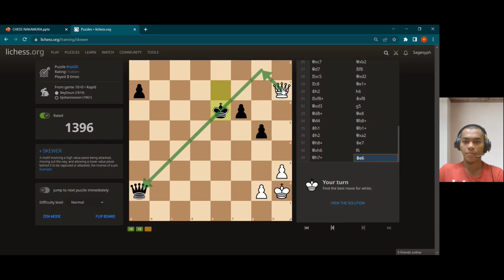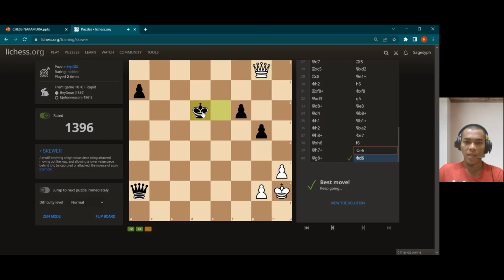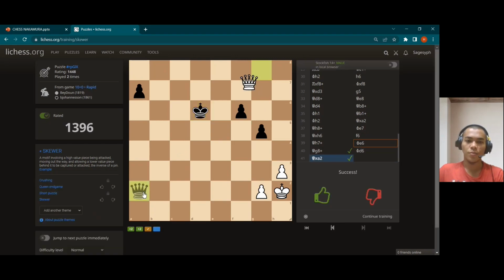And yep, when the white queen moves to g8, black has nothing to do other than moving the king. And then the black side will lose the queen by Qxa2.